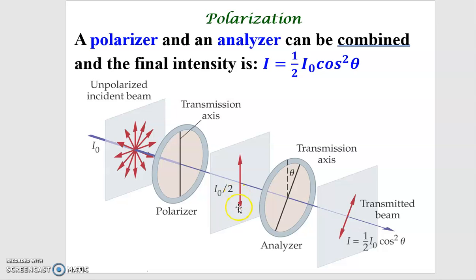And now this beam becomes vertically polarized. The second polarizer's transmission axis has an angle theta compared with the vertical direction. Therefore, the final transmitted beam is 1/2 of I0 multiplied by the cosine squared theta. So with two polarizers, the final intensity is this one, and the theta here is determined by the analyzer.